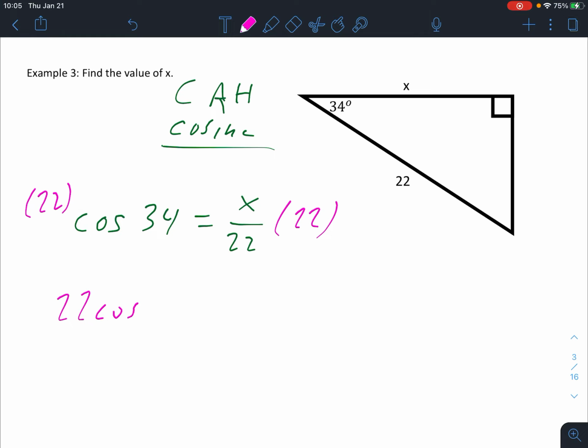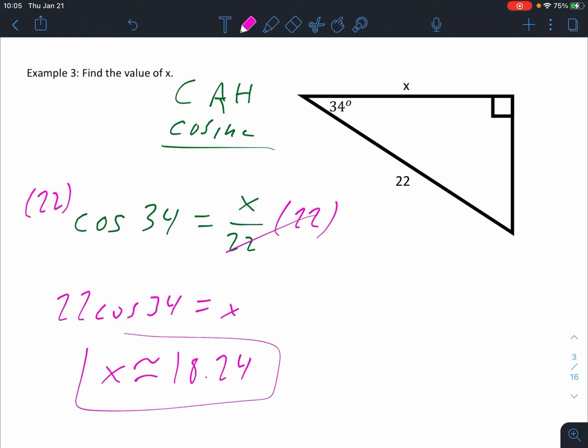And we get 22 cosine 34 equals x. And that's your answer for x. Type in 22 cosine 34. We get 18.24 as our answer for x.